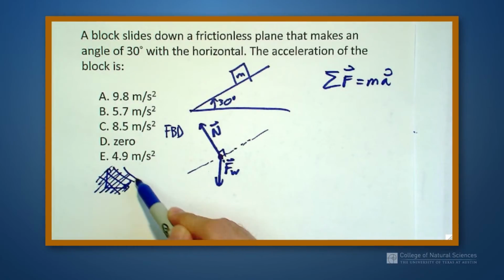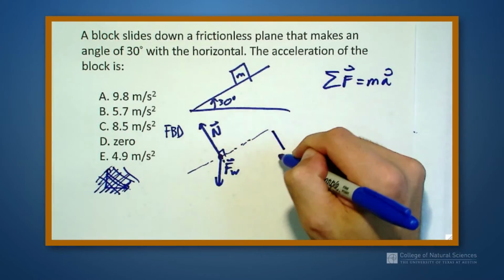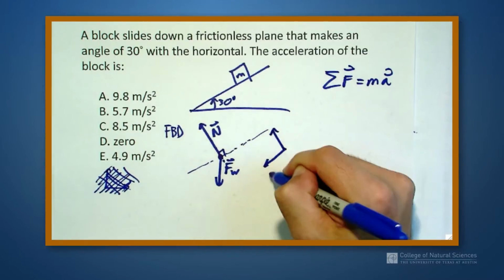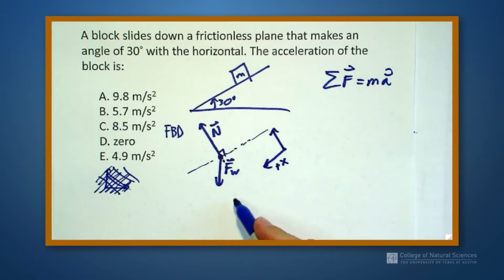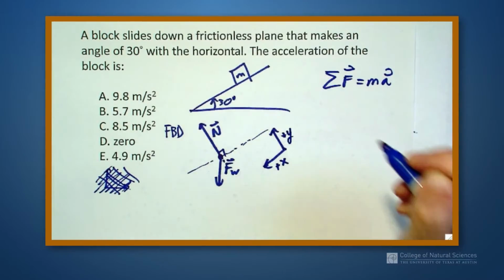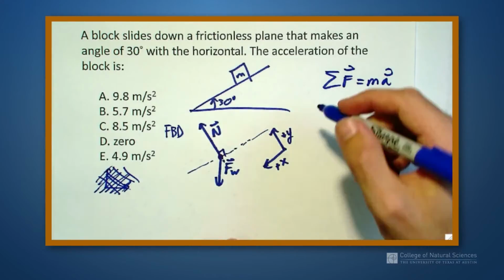So I'm going to choose a different coordinate system this time, one that is actually aligned along the ramp. I'm going to say positive x is down the ramp and positive y is out of the ramp. There's no reason for you to believe that I should even begin to do this, other than I've done these problems before and I know that this one's going to make our life easy. So let's see why this works.